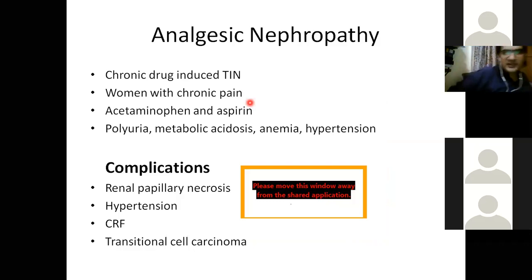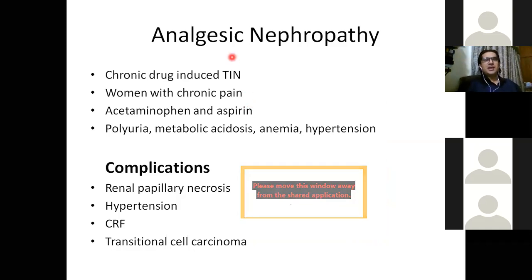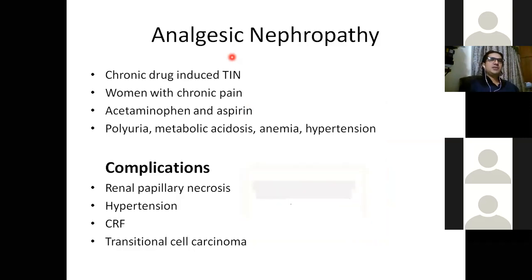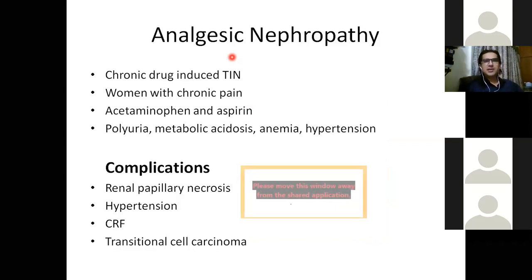The second category, that is the chronic category of interstitial nephritis, is chronic interstitial nephritis, which is called analgesic nephropathy. And the name is telling you analgesic nephropathy, and analgesics are pain drugs. So these are the patients with chronic pains, for example, osteoarthritis, rheumatoid arthritis, back pain, disc prolapse.